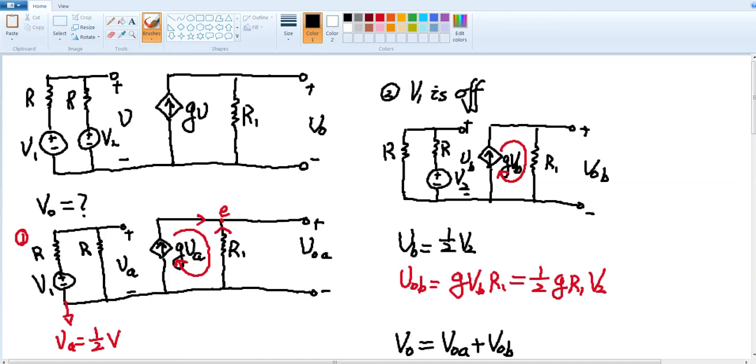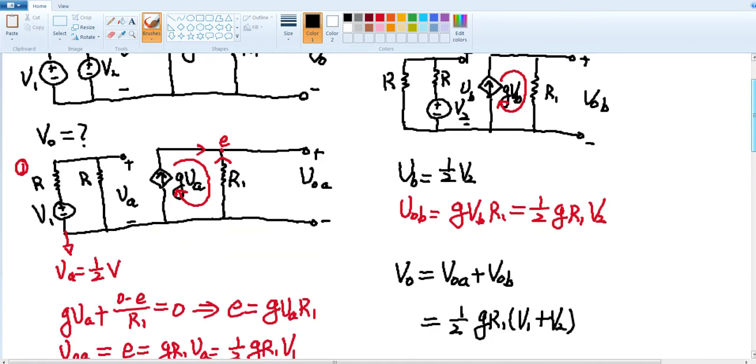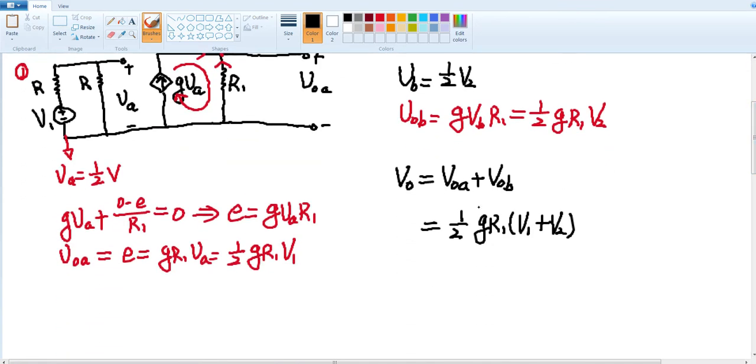However, for this one, you can design it much better to make sure that the output voltage is less sensitive to the load resistance. Of course, because here you have this dependent source, you can also make sure that this coefficient is large, so you get some gain after you add those two signals.